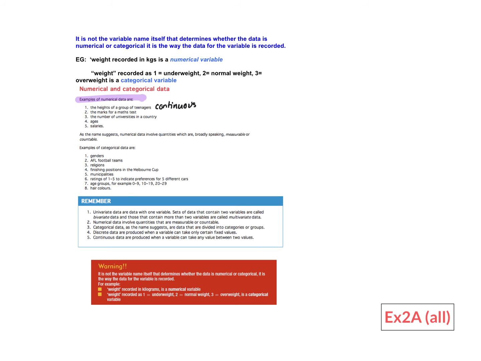Marks on a maths test, that would be discrete. We count them up. The number of universities in a country, we would have counted that, so that will be discrete. Ages, this one's a bit debatable, but generally because we just count how many years old you are, we generally call that discrete. You just have to be careful.